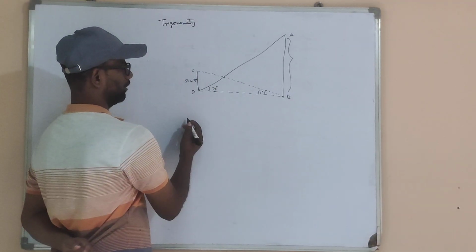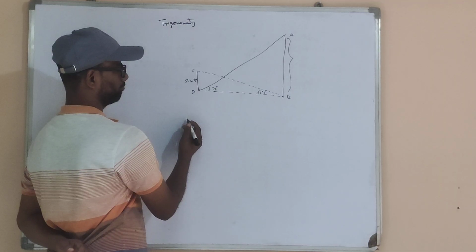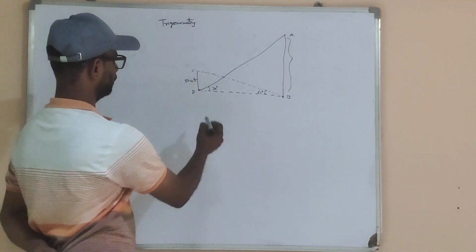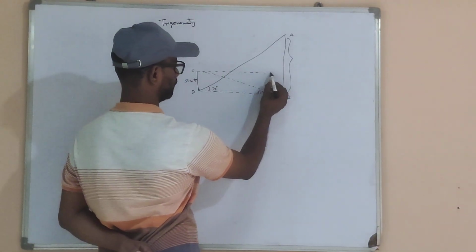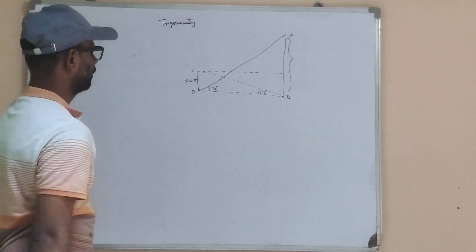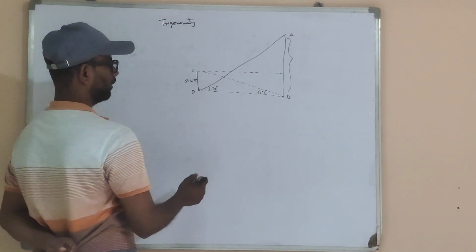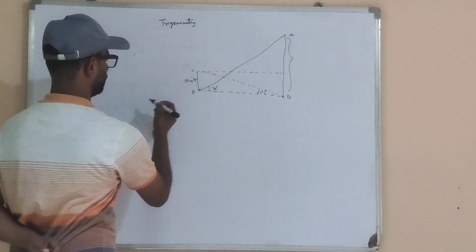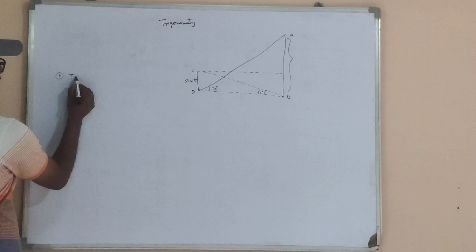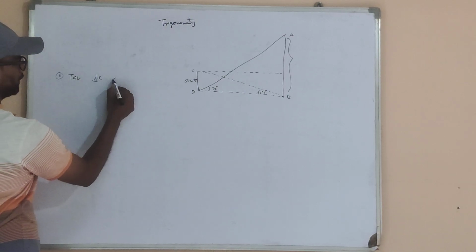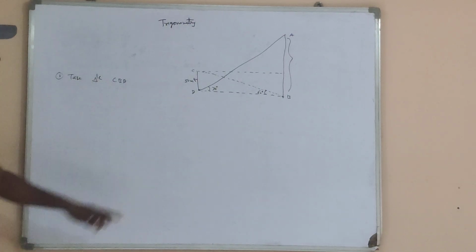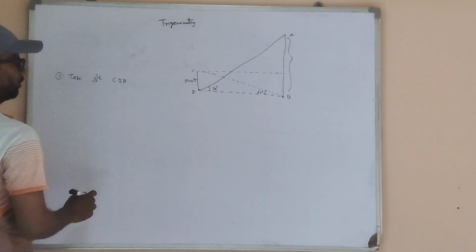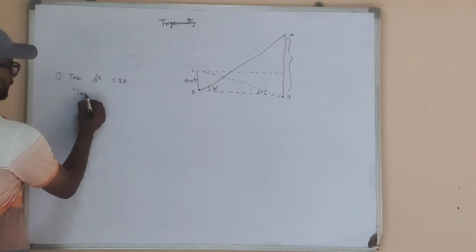Okay. Next one. Here, see. First take triangle CBD. Okay, so here we can take tan 60 degrees.